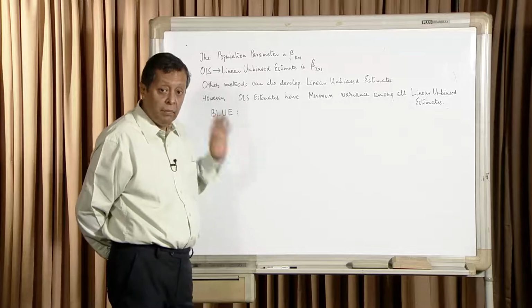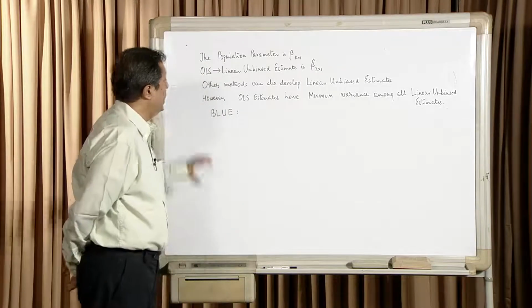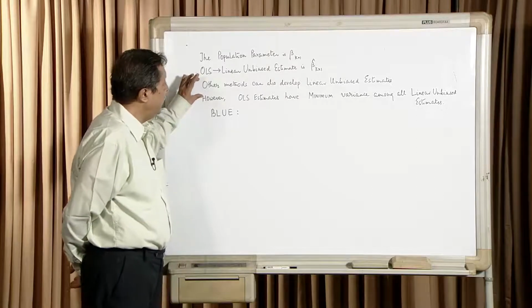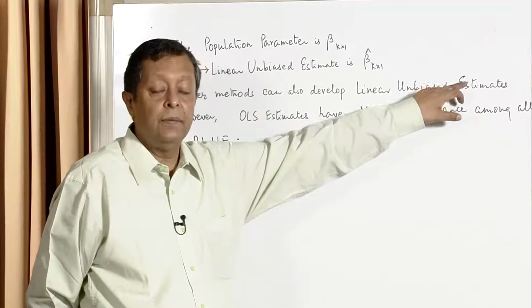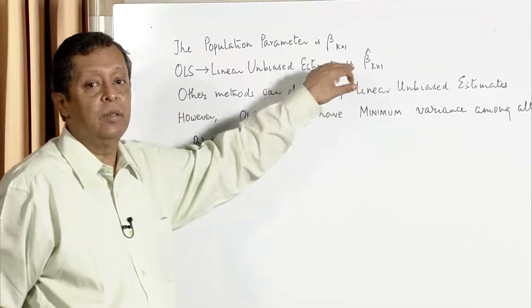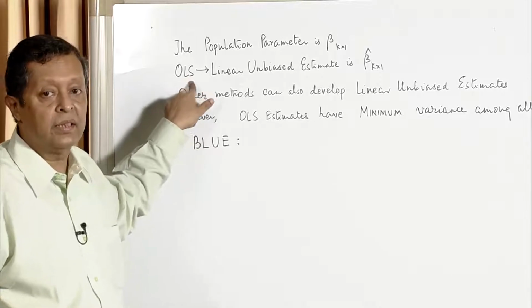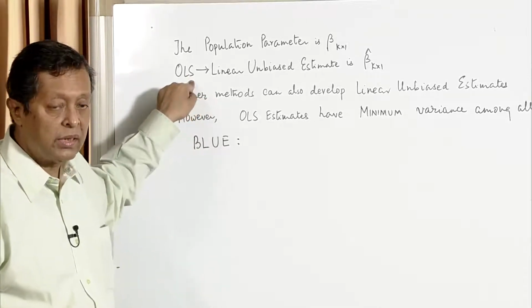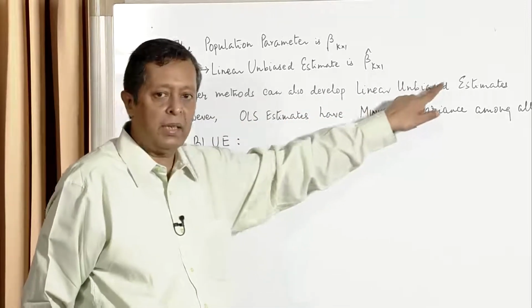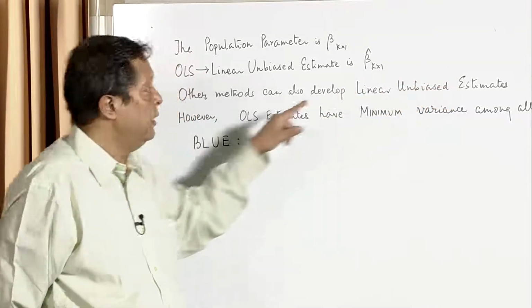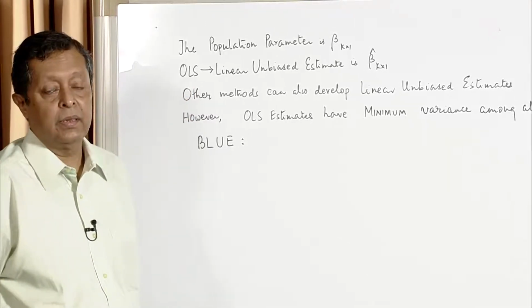What is very remarkable is that under the classical assumptions, if we consider any other linear unbiased estimate, then the variance of those estimates will be higher than the variance of the ordinary least squares estimate. In other words, in the class of linear unbiased estimates, the ordinary least squares estimates have minimum variance.